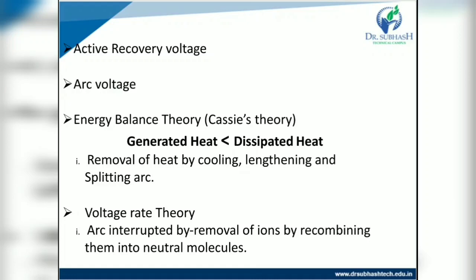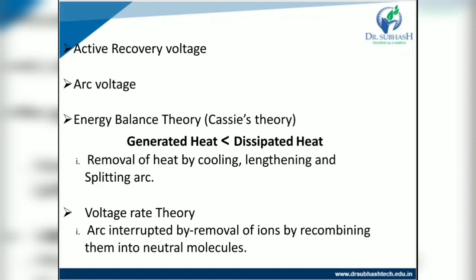For splitting, if the arc length is very high, we split it into, for example, 10 samples from the one arc. Each individual sample of the arc has low strength, whereas if they are all together, the arc strength is very high. So splitting reduces its strength, and then cooling by airflow or air blast extinguishes it.